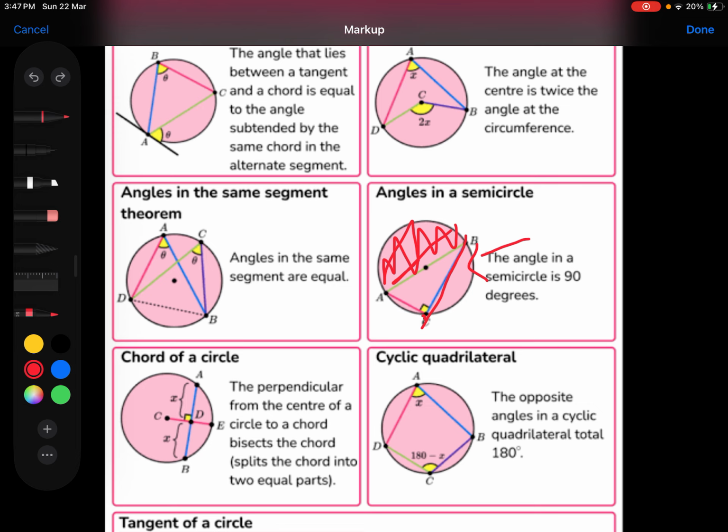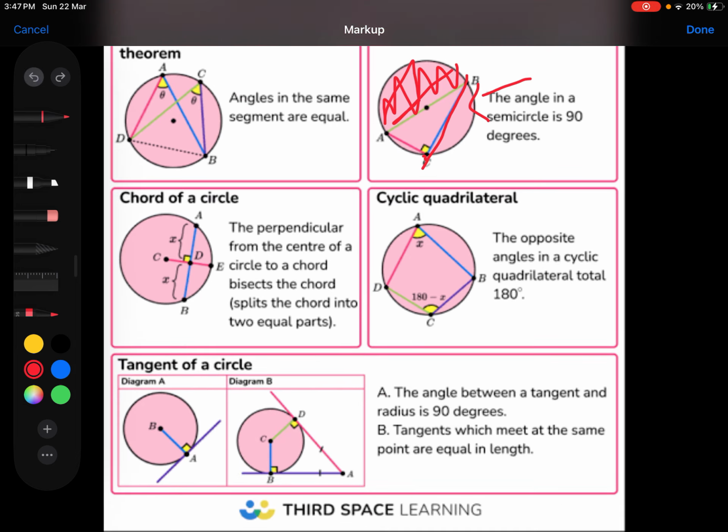Okay, now let's look at the next one: chord of a circle. We first draw a line from the middle to the edge of the circle. Now we draw a chord right through it. If this is 90 degrees, then these two parts are equal.